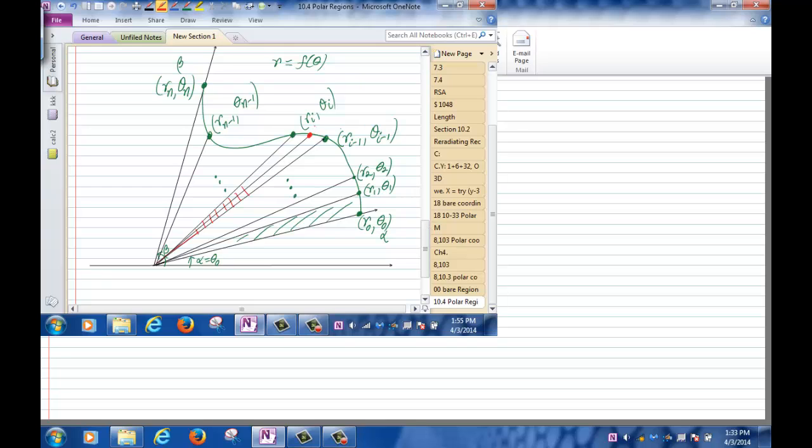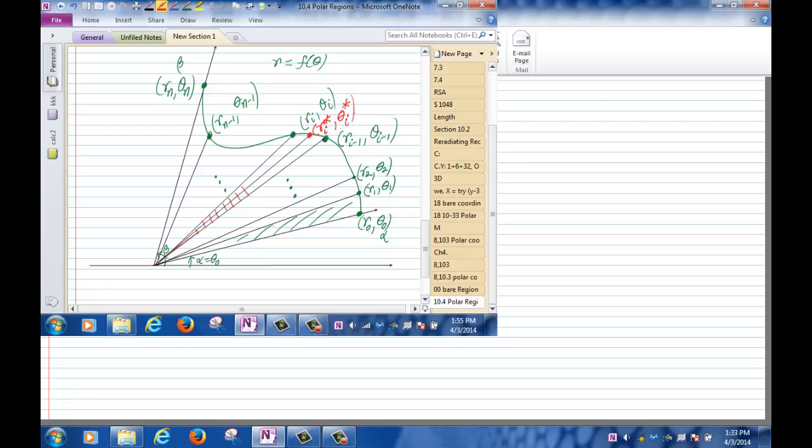So that means, let's say this point has coordinates Ri star, comma theta I star. Everybody's okay with that? The theta I star is between theta I minus 1 and theta I in the ith subinterval. So the point corresponding to that is Ri star and theta I star.